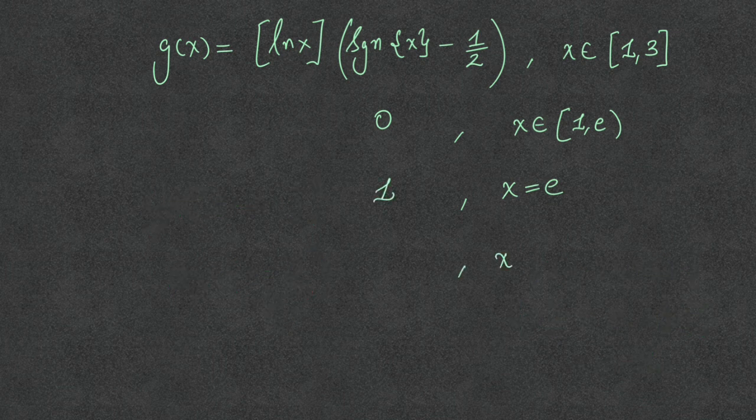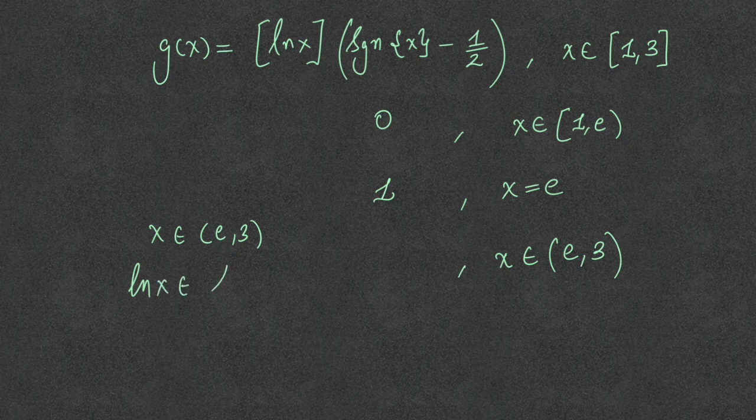Now for x from e to 3. Since x belongs to e to 3, on taking log of x we get log e to log 3 as output.